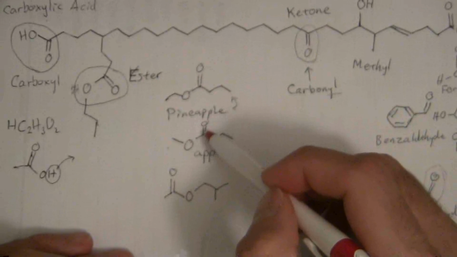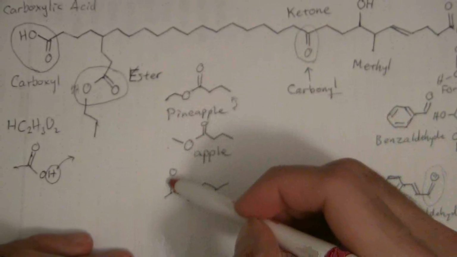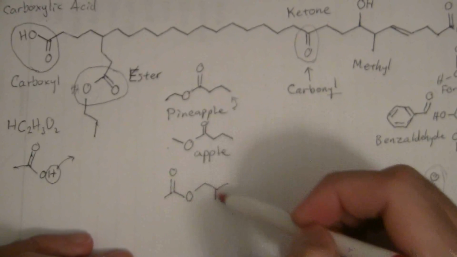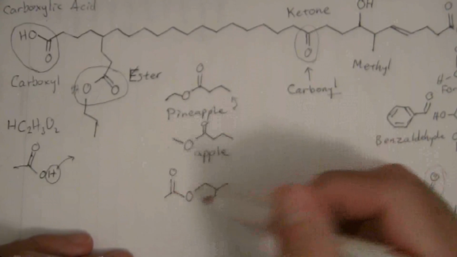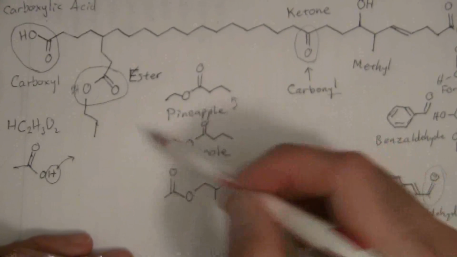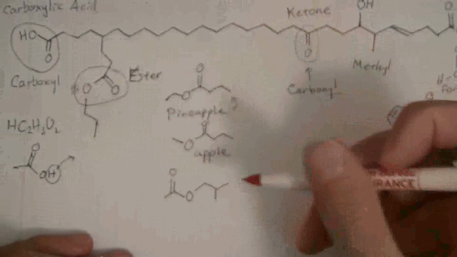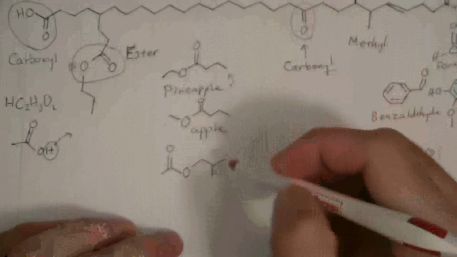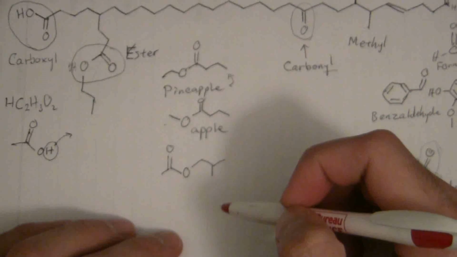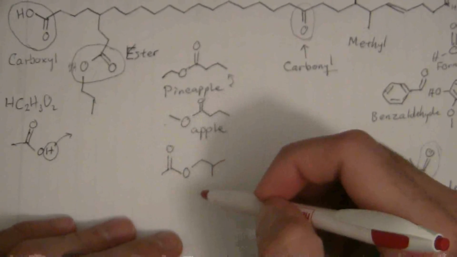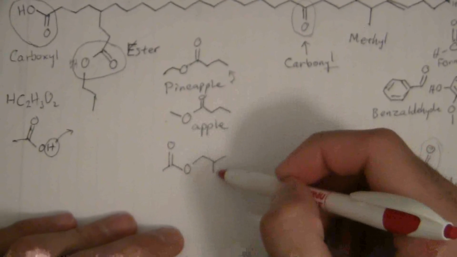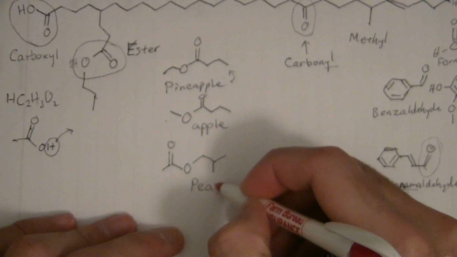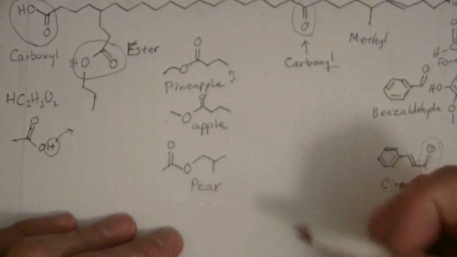Double bond oxygen, oxygen with the carbon chain. It doesn't matter whether I put the oxygen on the right or on the left, or however it might be oriented. Just look for those characteristics, and that tells you that this is an ester. And this particular ester is attributable for the flavor of pears.